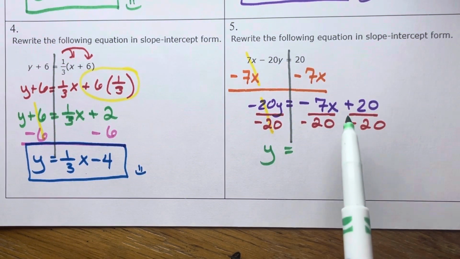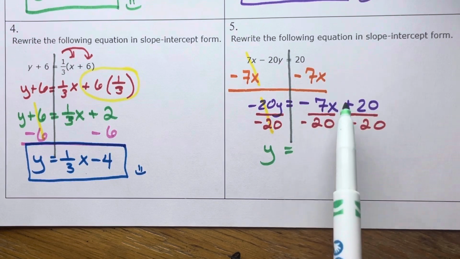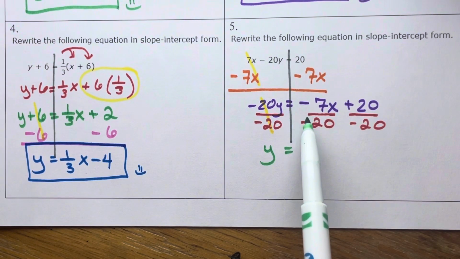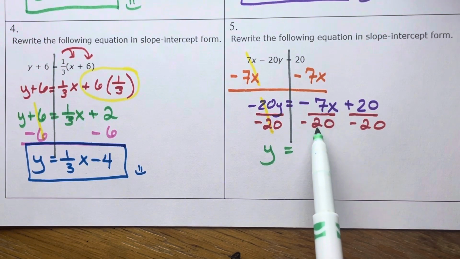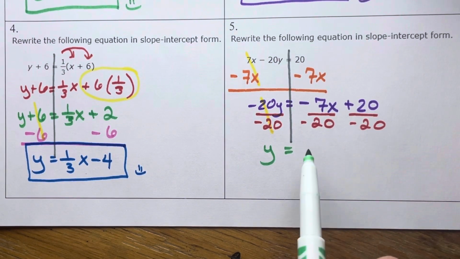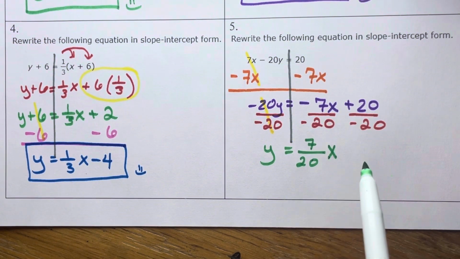All right. Here we are, finishing up. Let's clean and tidy this up. So a negative divided by a negative is a positive. 7 divided by 20 does not reduce. So this is positive 7/20 x.